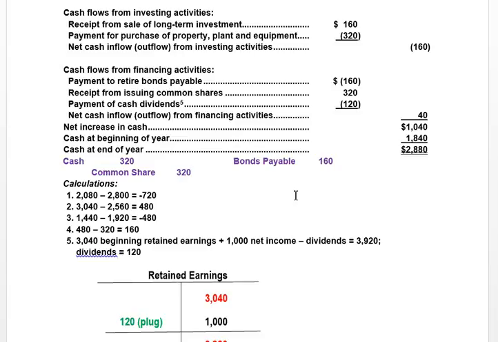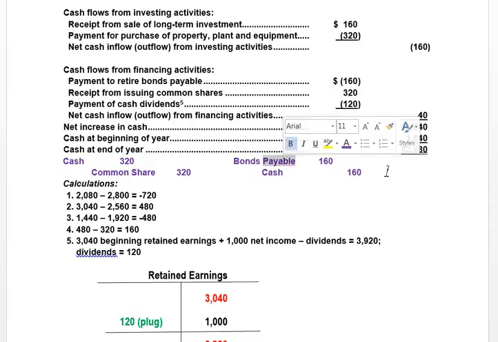And when I retire my bonds, I'm paying back the investors the face value, and that was 160. So it's this credit to cash, which is the payment I made to retire my bonds. So when I retire my bonds, bonds are a normal credit balance, so to reduce them or to retire them, I debit it, and then I credit cash to pay out my investors.